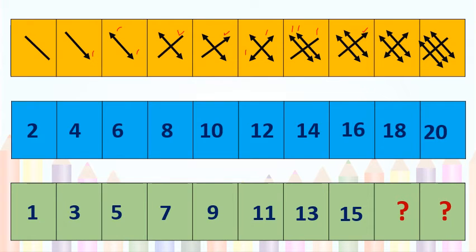Yes, students, you are right again. The difference of 2 numbers. Correct? So if we add 2 to 15, then we will get 17. Then if we add 2 to 17, then we will get 19. Yes, very good. This is a pattern.